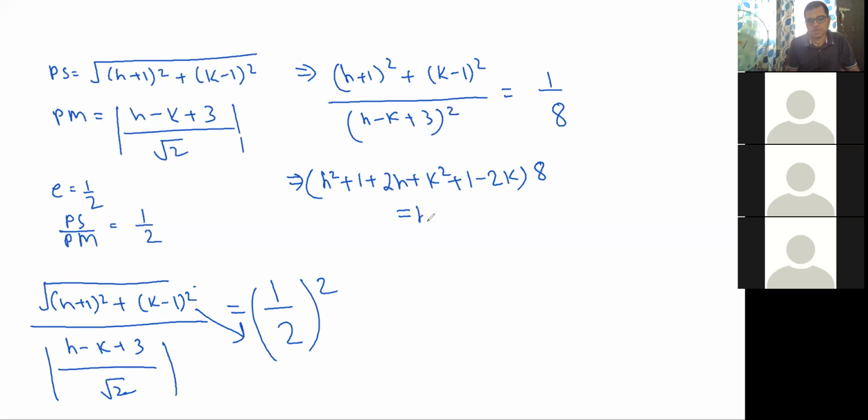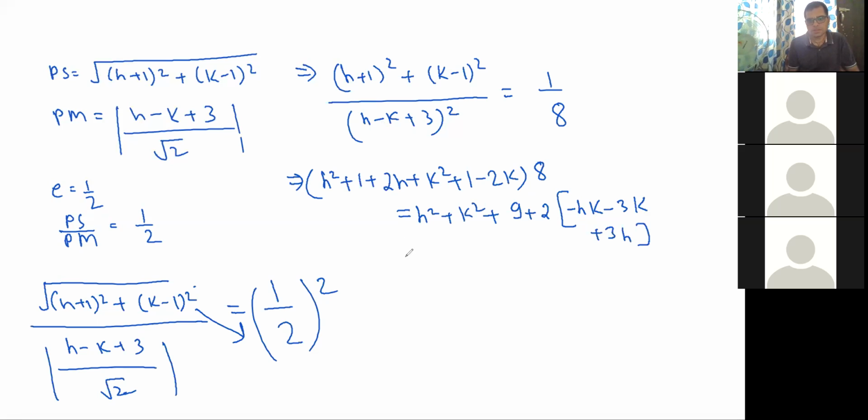So h square plus k square plus 9, and plus 2 into ab, so h into minus k, minus hk, and minus bc, minus 3k, and ac will be plus 3h.